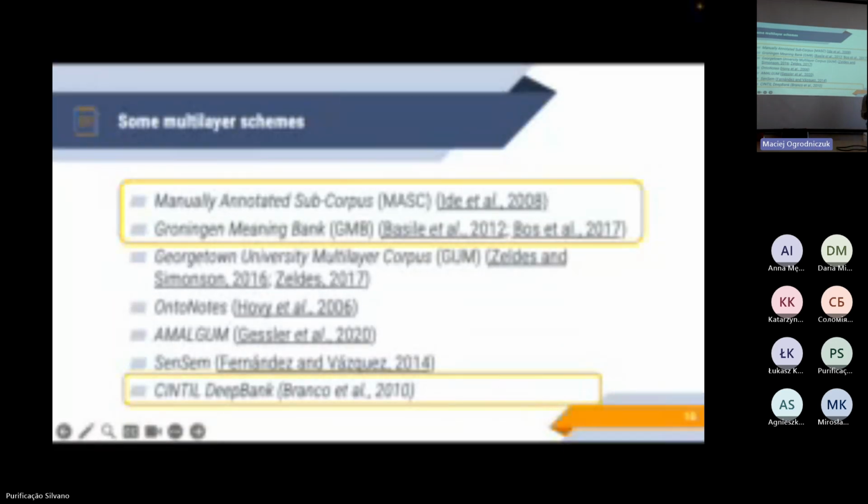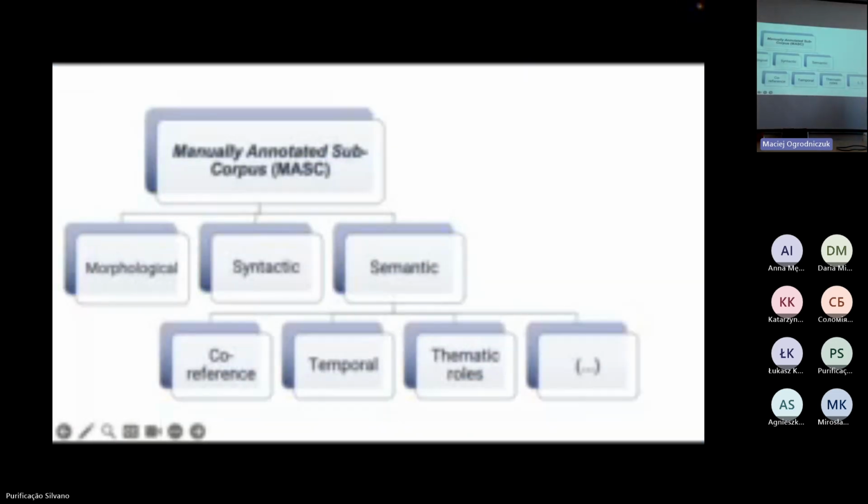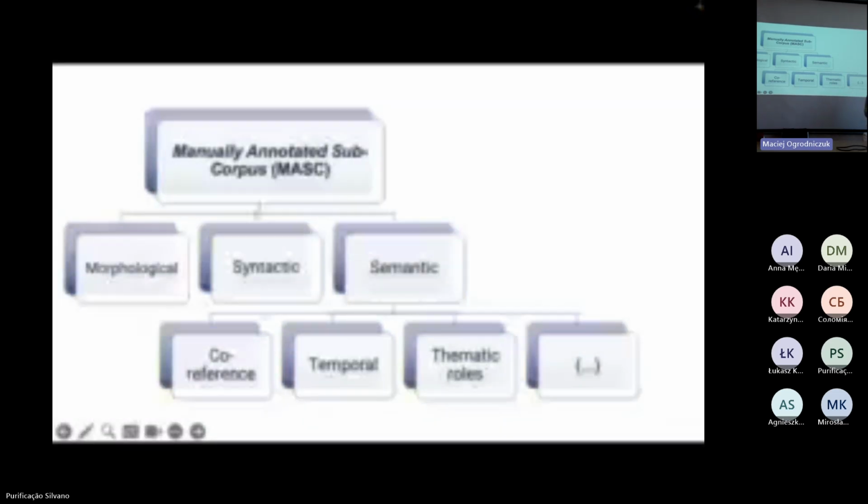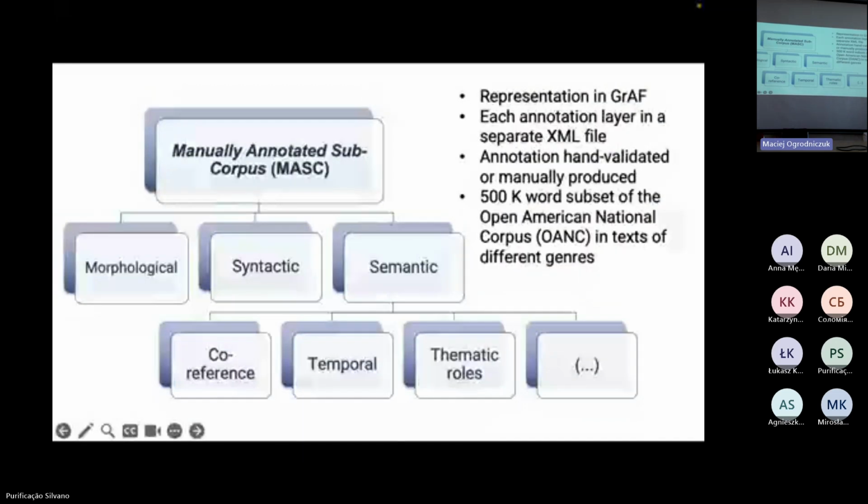We looked at these when we were surveying the relevant literature, and we found different proposals. But when we looked into them in more detail, for instance MASC and the Groningen Meaning Bank, what we observed is that these were corpora annotated in different layers, but the layers were not connected between them. And also, there was some semantic information missing. For instance, in this case, we didn't have information related to space.